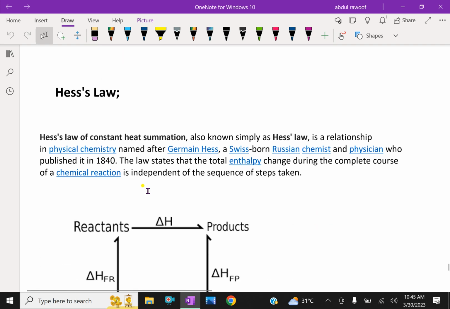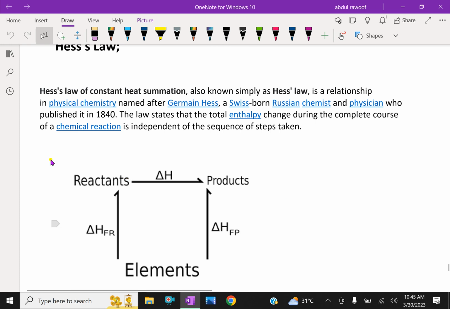Now we'll discuss Hess's law. Hess's law of constant heat summation, also known simply as Hess's law, is a relationship in physical chemistry named after Germain Hess, a Swiss-born Russian chemist and physician who published it in 1840.